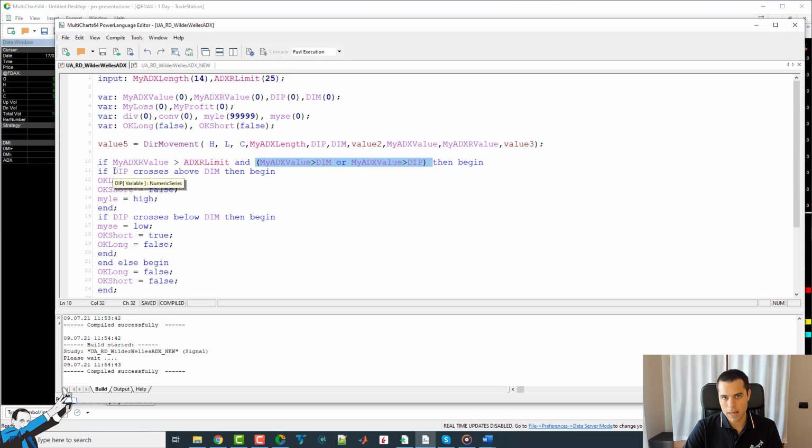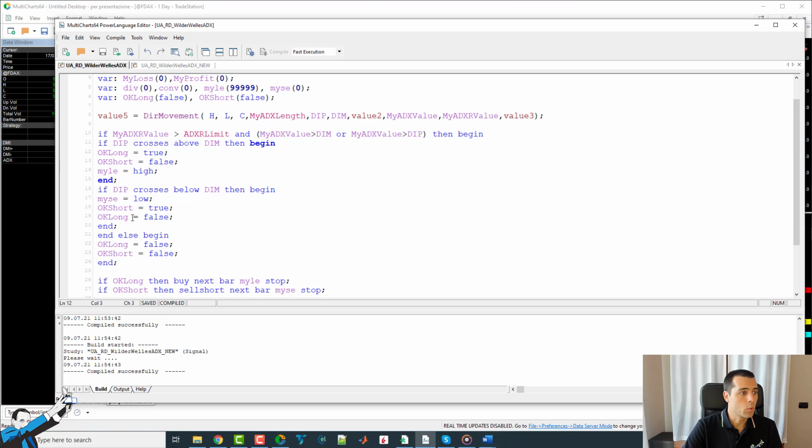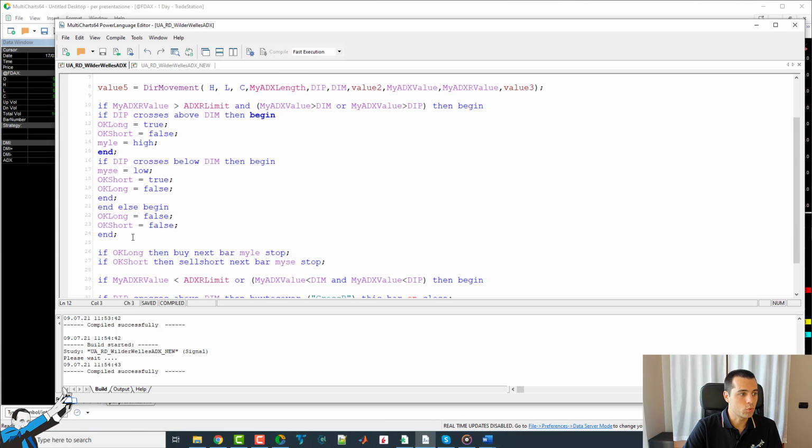So if the plus directional indicator crosses above the minus directional indicator, then we impose the condition to go long, so long condition equal to true, and we set our entry level to the high of the current bar, so the high of today. The opposite, of course, will apply to the short side of the strategy.